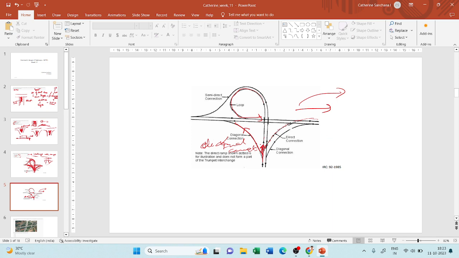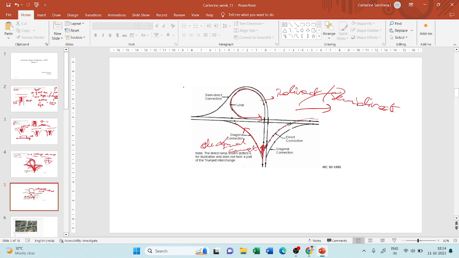Now, if you see this loop, this is tricky because you want to go to the right, but in order to go to the right road, you have to make a left turn, right? So this is called indirect or semi-direct. In order to go right, you're making a left turn, and this will be confusing obviously, but it will reduce the number of conflict points. The more left turns you make, the fewer conflicts you have.